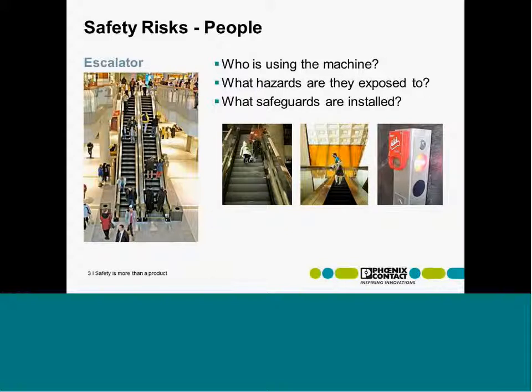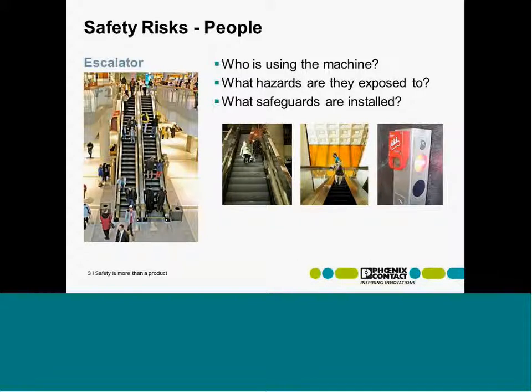That's part of the assessment, where we have to take into account that all different people, children as well as adults, will use this escalator. The hazards caused by this escalator are, of course, suddenly stopping of the stairs, for example, or reversal movement of the stairs, and lots of other things. All these things have been regarded by the manufacturer of the escalator and put into a kind of risk assessment, as we will see later.